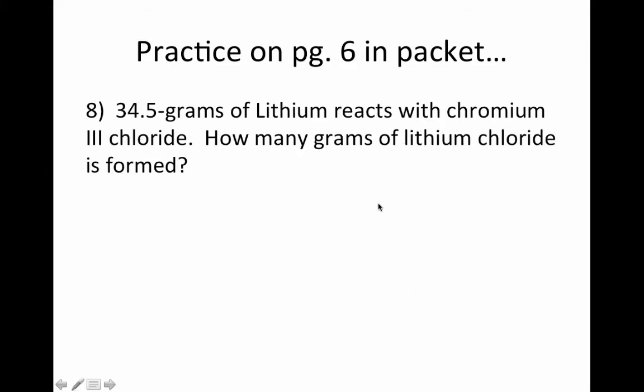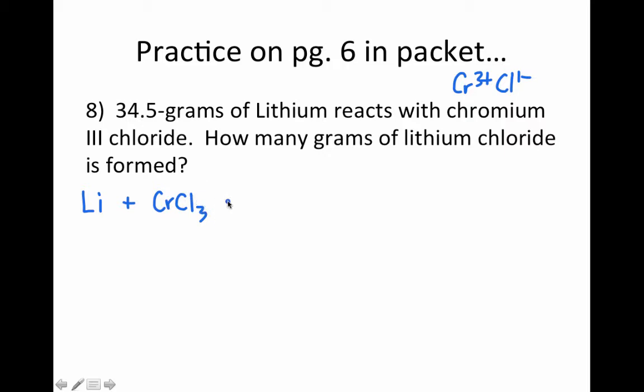Problem number 8. Again, we need to start with a balanced equation. 34.5 grams of lithium reacts with chromium 3 chloride. So that would be CrCl3. If I do the crisscross there, the 3 Roman numeral goes with the chromium. So that would be Cr with a 3 plus, chlorine's a 1 minus.